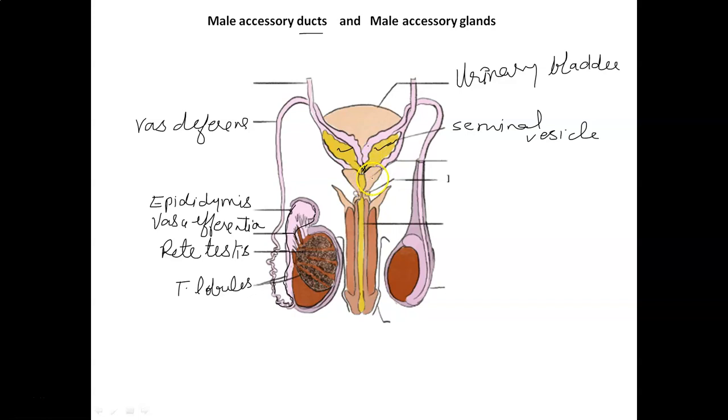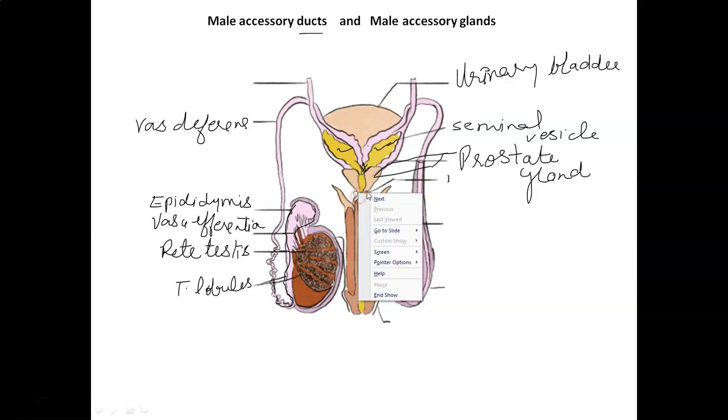At this point, they also join with the single large gland which is present here. This structure is prostate gland. And then these will join one more structure which is, you can see here, the pea-sized, a pair of structure present here.